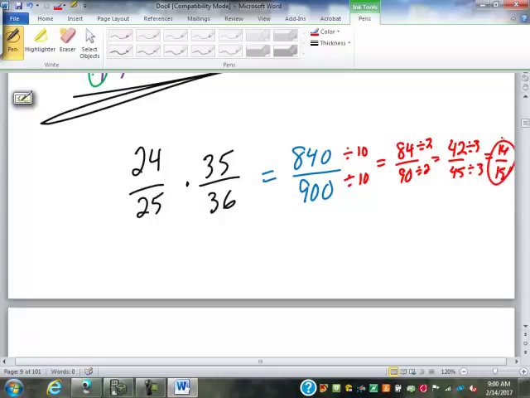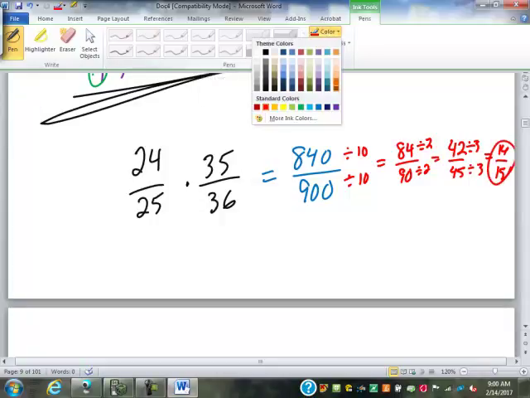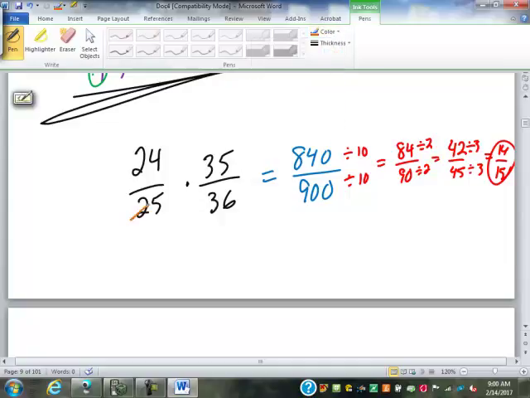14 over 15, right? But if we cross canceled right away, 25 and 35 can both be divided by 5. 25 divided by 5 is 5. 35 divided by 5 is 7. 24 and 36 can both be divided by 6. 24 divided by 6 is 4. 36 divided by 6, 6.